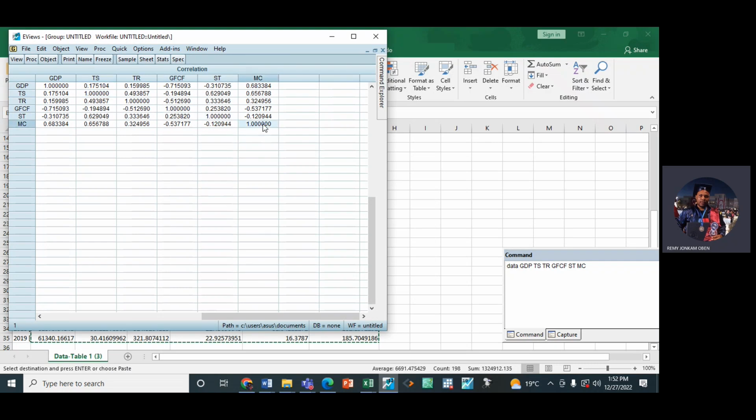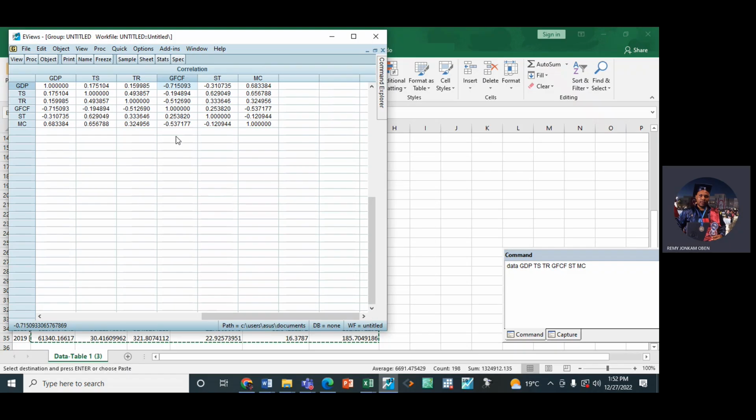A variable is perfectly correlated with itself, right? Okay. I think here is 62. It's not powerful. 68. So here is 71. It's not powerful. So we can say there is no multicollinearity based on these results.